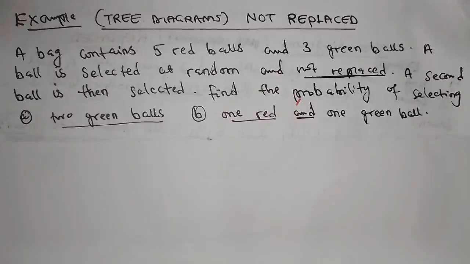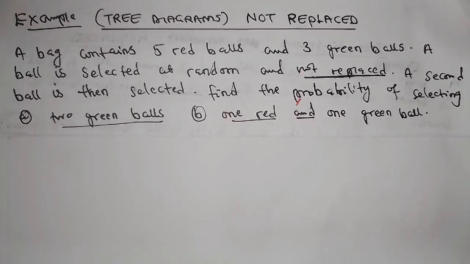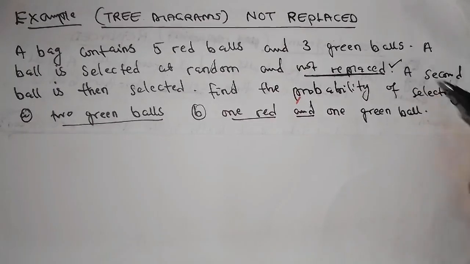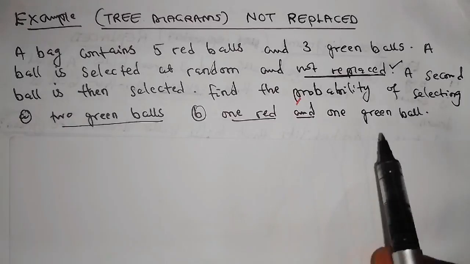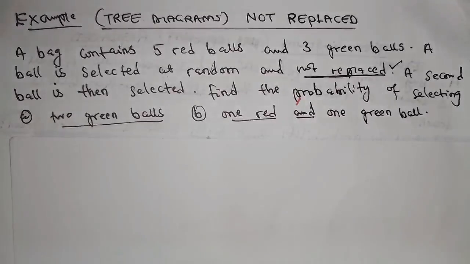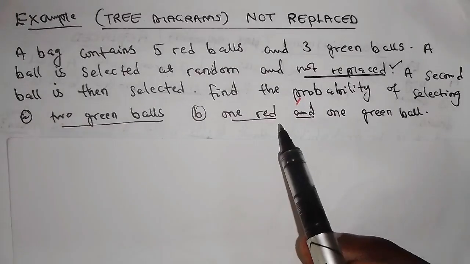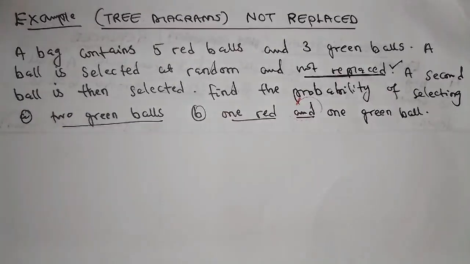A ball is selected at random and not replaced. A second ball is then selected. Find the probability of selecting A, 2 green balls, B, 1 red and 1 green ball.